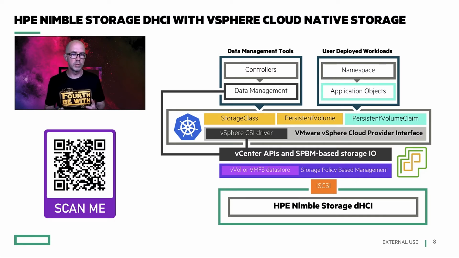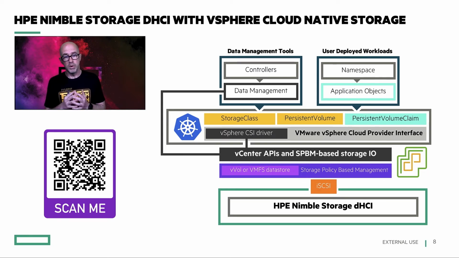I'm going to talk about Nimble Storage as a storage platform separately, but if you look at running HPE Nimble Storage dHCI with the vSphere Cloud Native Storage paradigm, that means that you will be able to consume VMware as an infrastructure provider when you deploy your Kubernetes cluster. And it will leverage the same VMware vSphere Cloud Provider Interface, but will then instead use the vSphere CSI driver to provision vVols or VMDK files from VMFS datastores that are controlled by SPBM-based storage.